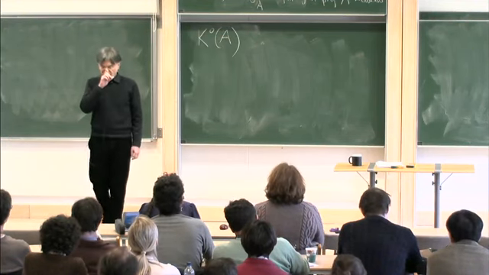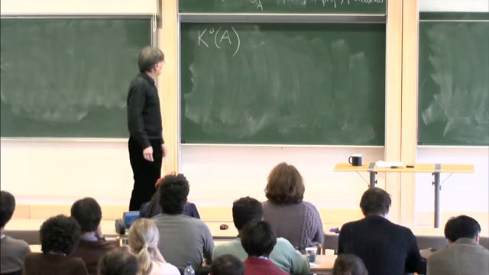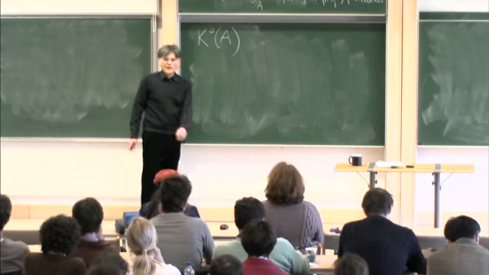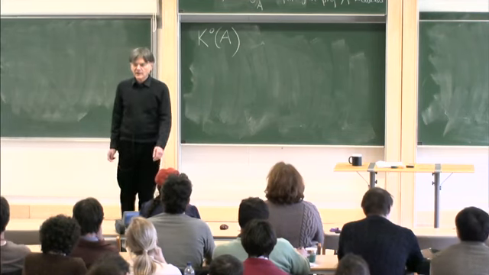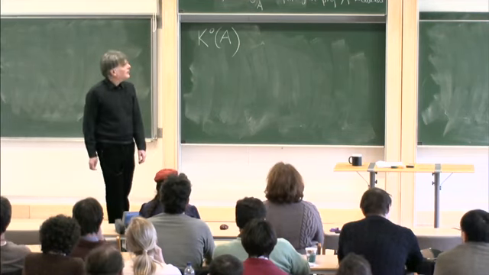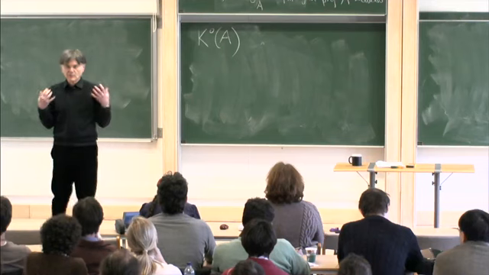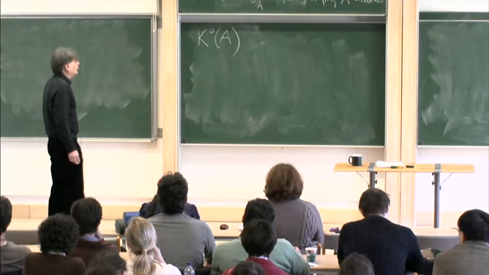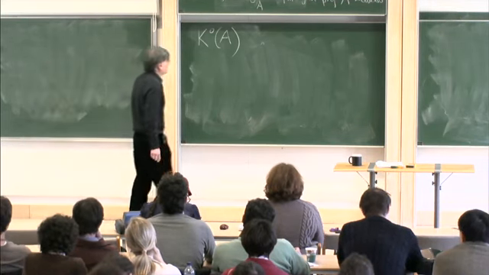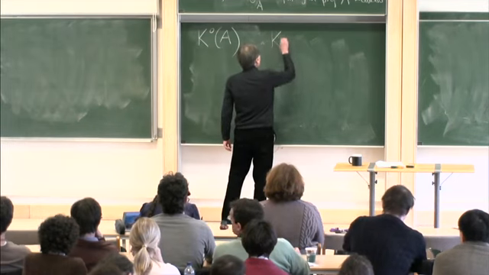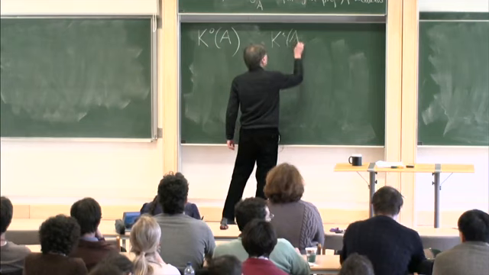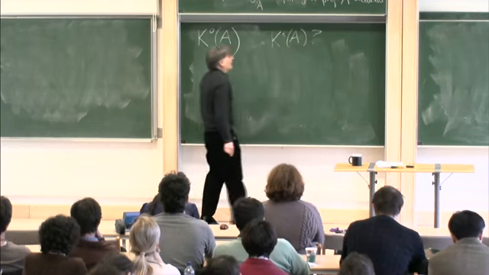Well, that was an interesting thing to do, but of course the question immediately arose, can one make that into a cohomology theory in some way analogous to what was done before, because that would obviously make it a much more useful tool. So people asked, can you define groups K_i of A for other i?